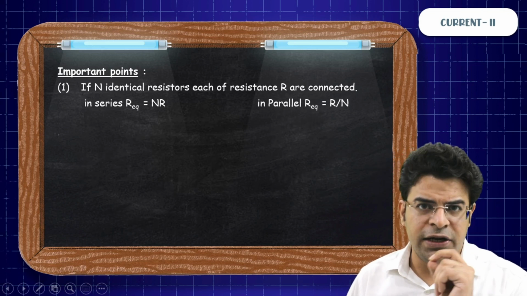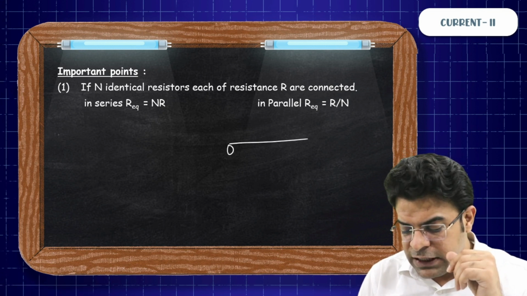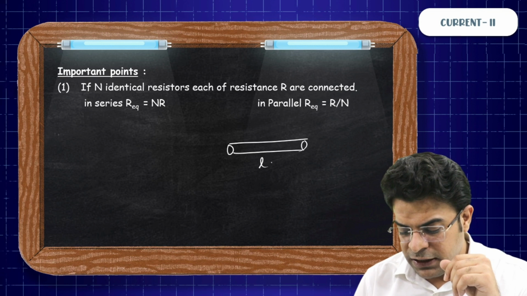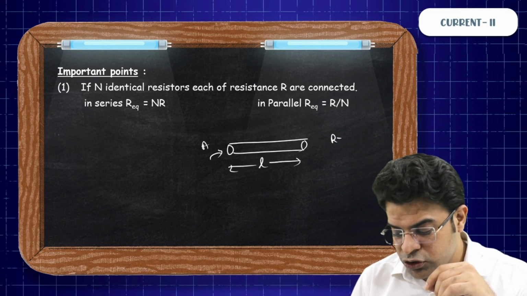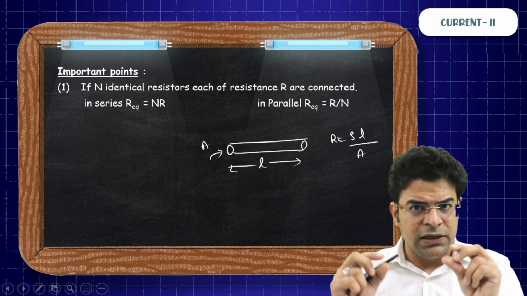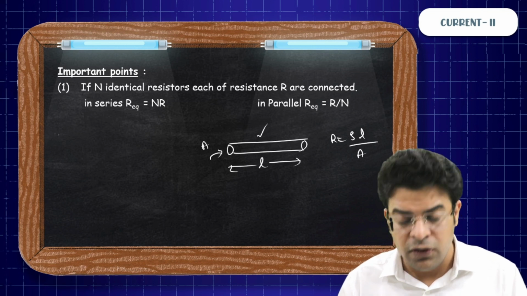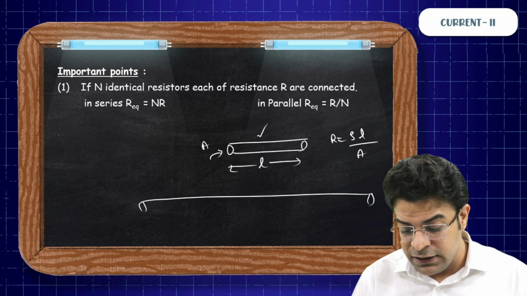What I tell here, kids, is there is one more way to visualize this. You know that for a single resistor of length L and cross-sectional area A, the resistance comes out to be rho L by A. Now, if you connect multiple identical rods in series, you are effectively making the length n times.